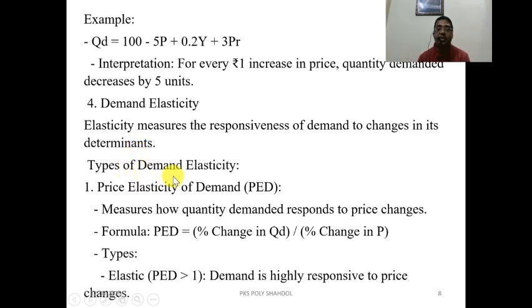Types of demand elasticity. Price elasticity of demand, PED, measures how quantity demanded responds to price changes. The formula is PED equals percentage change in QD divided by percentage change in P. After taking numerical values, we make some decisions.